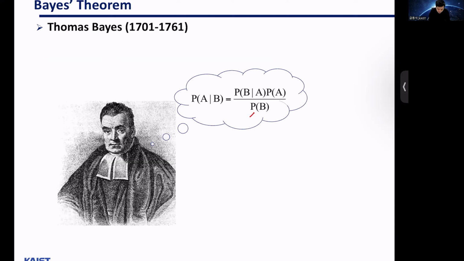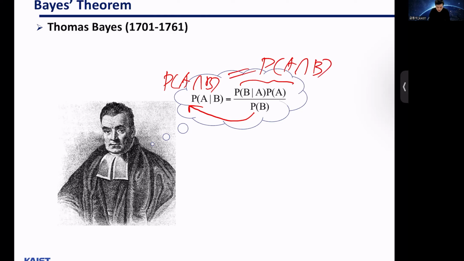Well, if you move this over to this side, then this becomes P of B, and then this also is P of A intersection B, so they are equal, right?